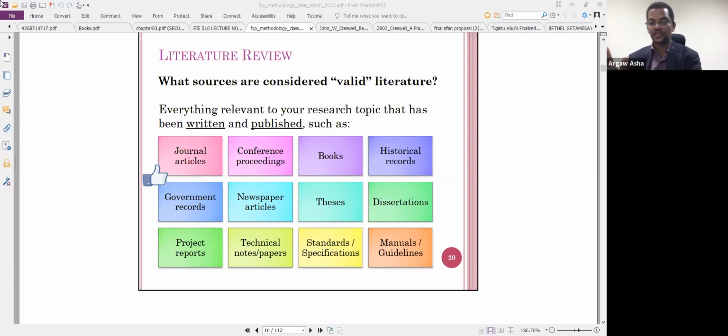GTP1 means Growth and Transformation Plan 1, and Growth and Transformation Plan 2 for the last period. Now this year the government published maybe a 10-year developmental plan.